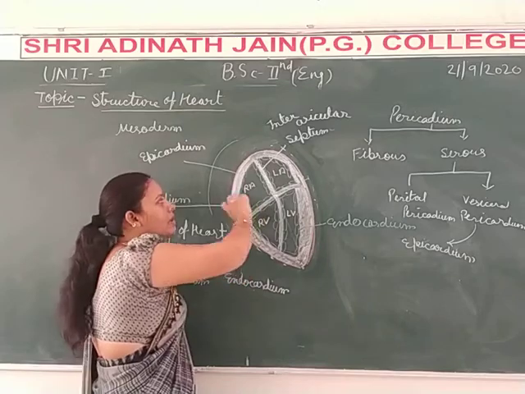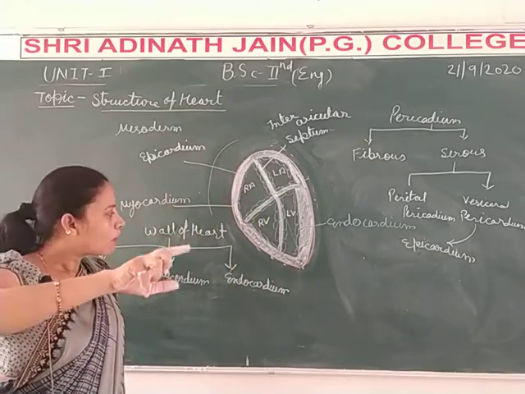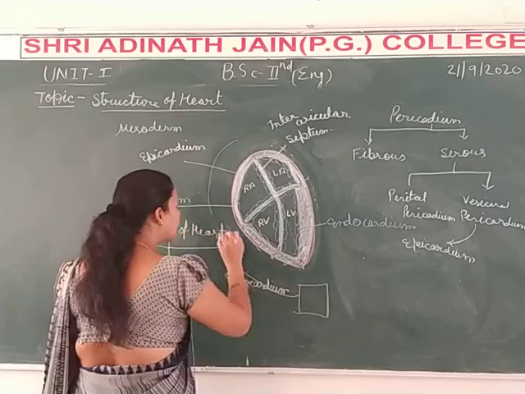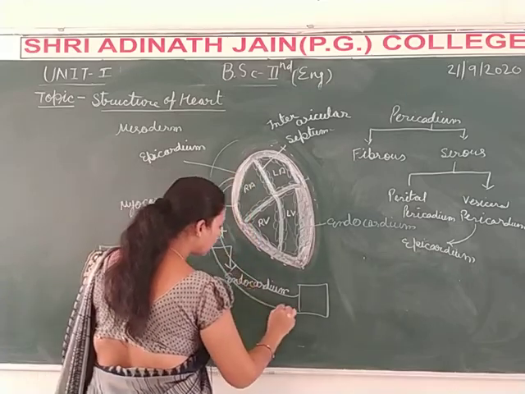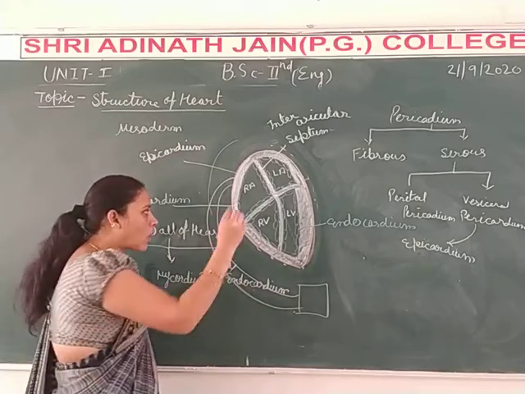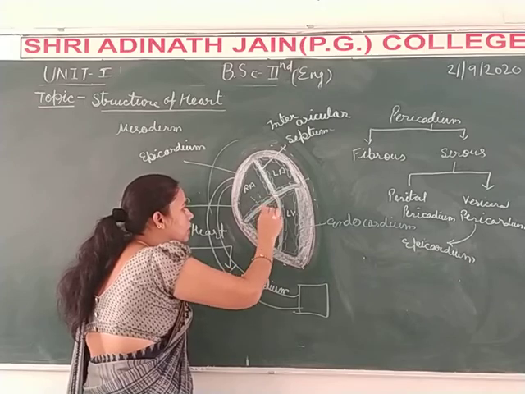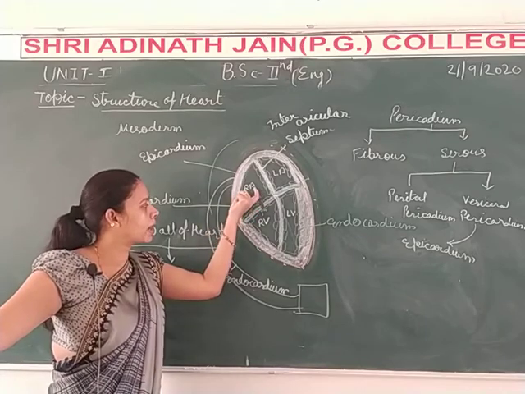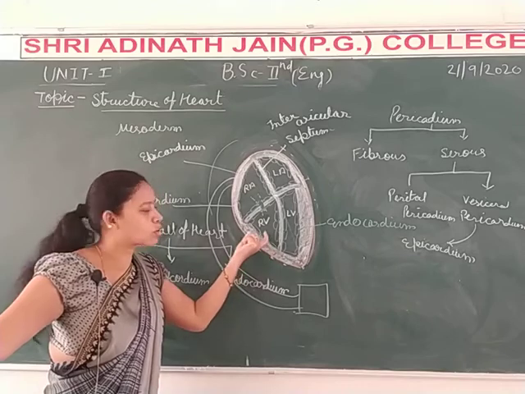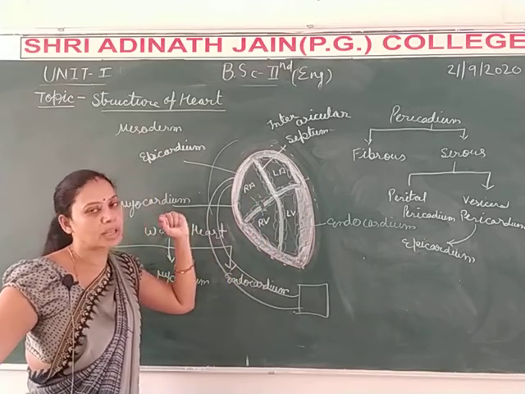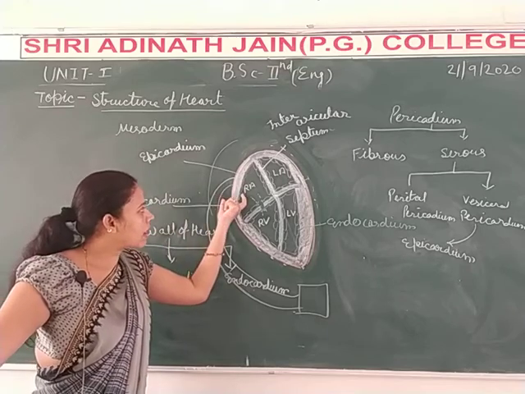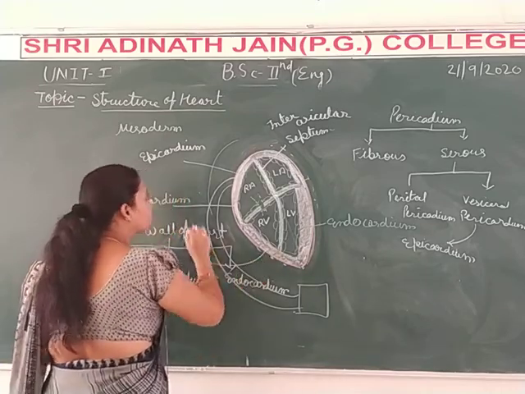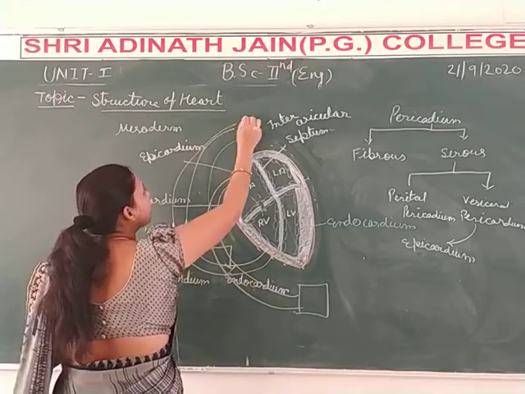Because the auricles get deoxygenated blood from the organs, and the auricle passes the blood to the ventricles. So there is no need of a pump or pressure, and no need for a highly muscularized structure. That's why the wall of auricles is thin, but the ventricle pumps the blood to the lungs.